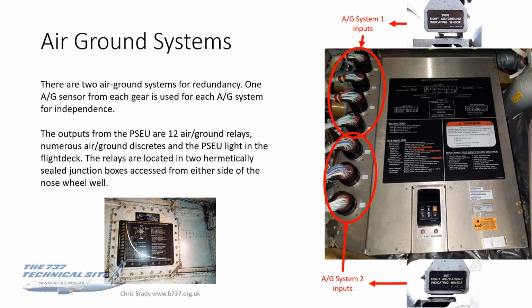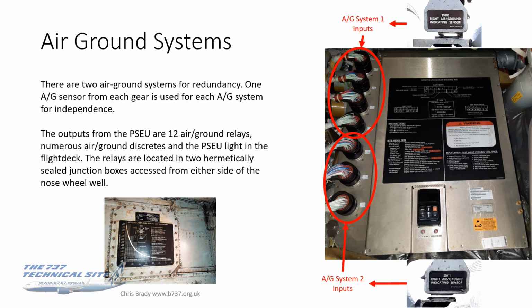The outputs from the PSEU are 12 air ground relays, numerous, I mean dozens, of air ground discretes, and the PSEU light in the flight deck. The relays themselves are actually located in two hermetically sealed junction boxes, which are accessed from either side of the nose wheel well.